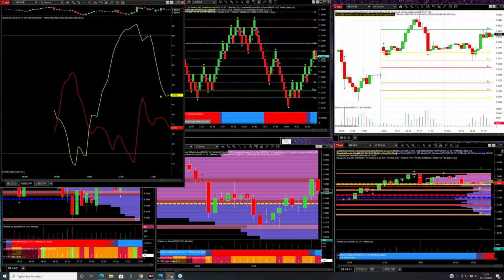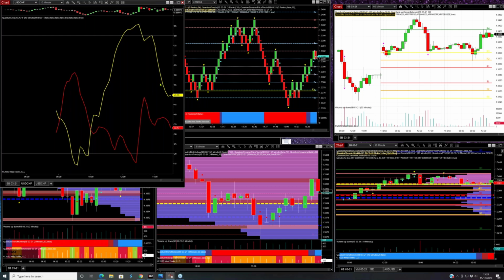Well, this tells me why I'm moving sideways, because we can see these two lines have been moving in the same direction. I'm now beginning to see a little tick up with the British pound, but given what I have over here on the chart with the volume resistance, this density of volume, I know it's going to need a little bit more oomph, and I'm going to have to see an increase in volume down here.